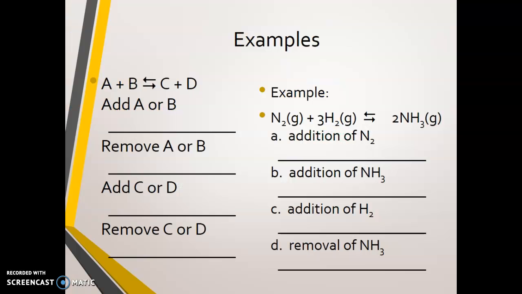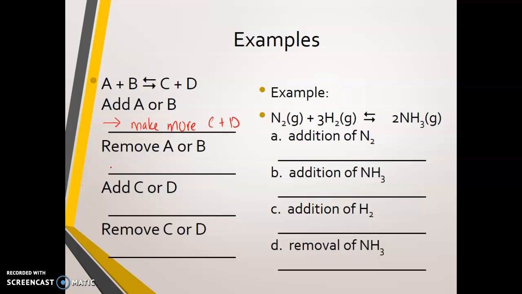So in these two examples, we have a generic equation: A plus B forms C plus D. Now if we add more A or B, what is this going to do? Well, when we add more reactants, that's increasing the concentration of our reactants, which is going to force our reaction to go to the right and make more C plus D, more of our products.